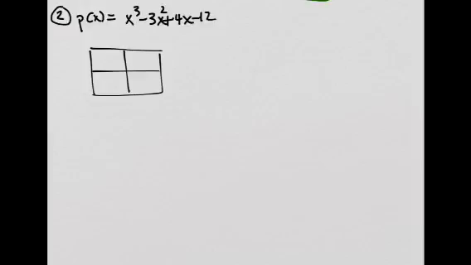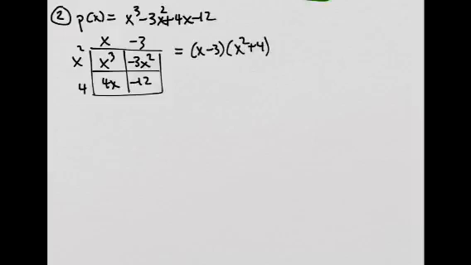Now when you see a 4-term polynomial, and usually it's third degree, I check to see if it factors by grouping, and if it does, it saves me a lot of work in the factoring. So I'm going to see if that works here. So x squared, x minus 3, and 4, and 4 times -3 does give me -12, so yes, it's correct. So this polynomial is x minus 3 times x squared plus 4. Now I have to find the zeros. For the first factor, the zero is 3.